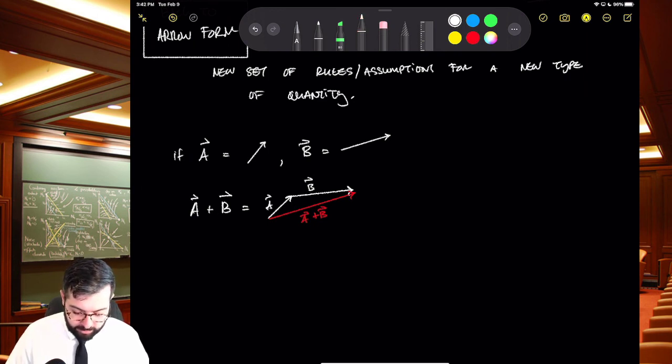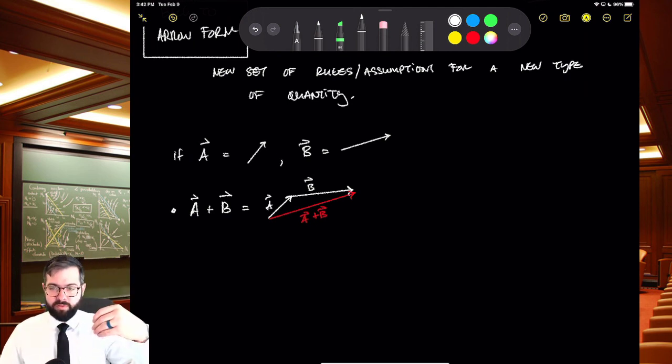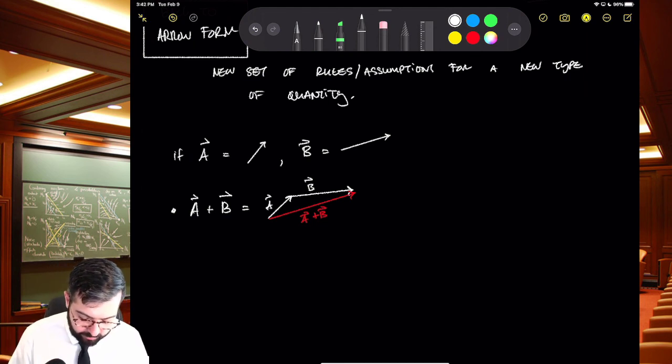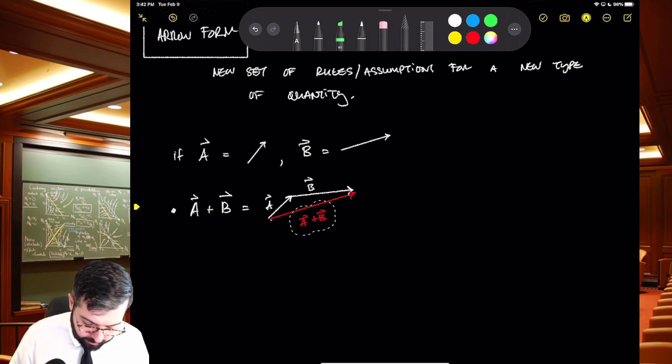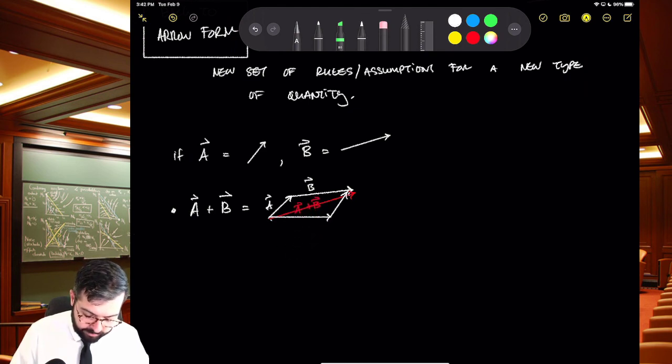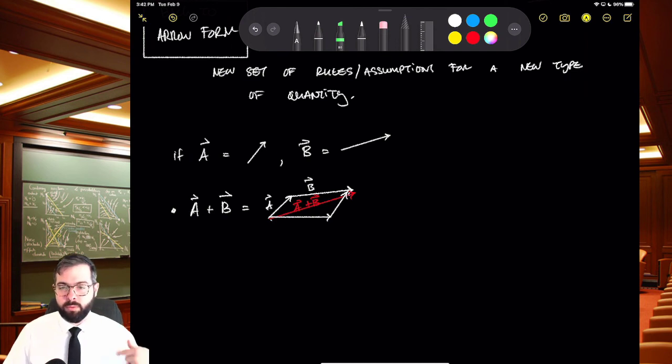Okay. And if you want to talk about rules following from the definitions, our assumptions generate these inescapable conclusions, right? So the fact that this is the case tells us that if I took B first instead, and added A to it, tail to tip, I'm going to get the same resultant vector from start to finish.